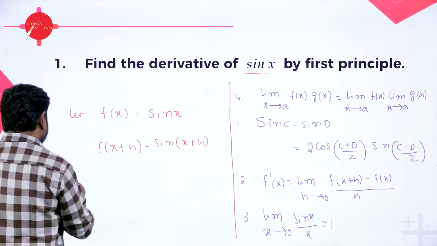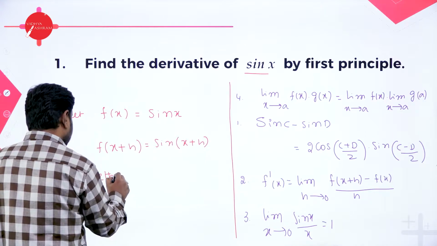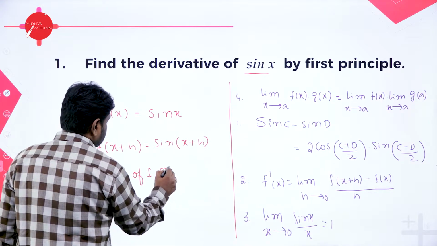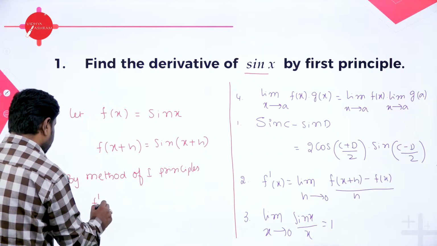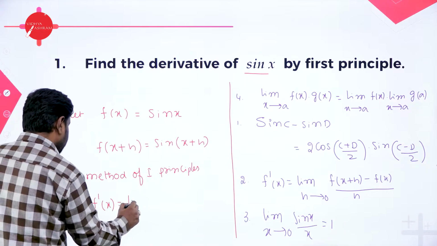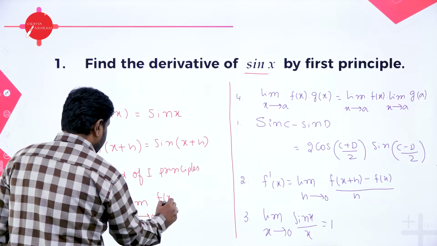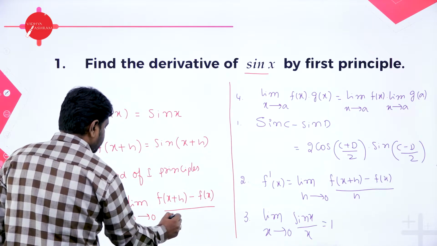And now by method of first principles, all of you know f dash x can be written as limit h tends to 0 f of x plus h minus f of x divided by h.